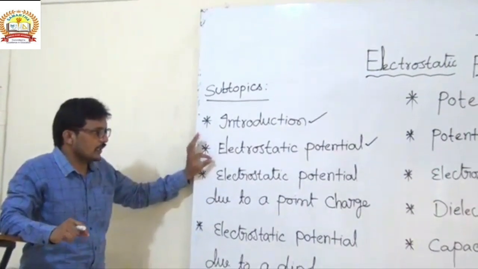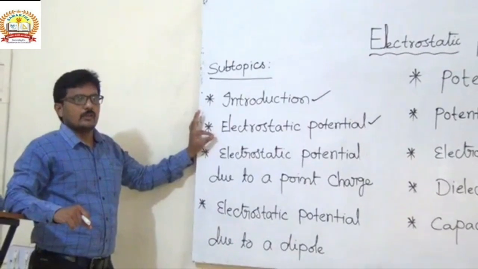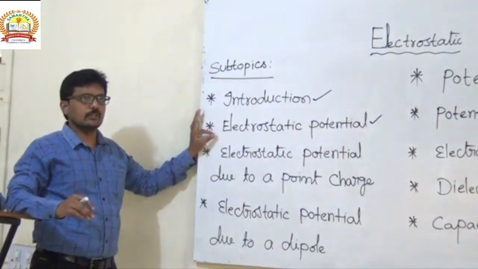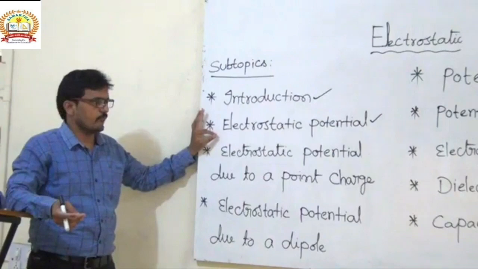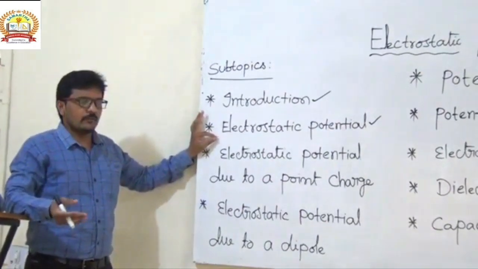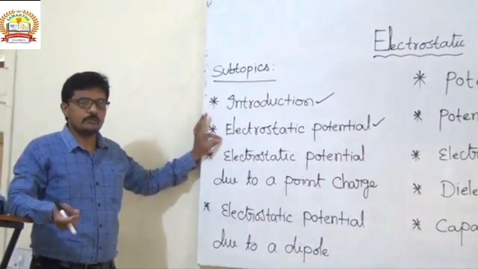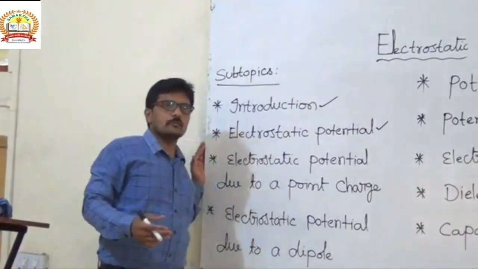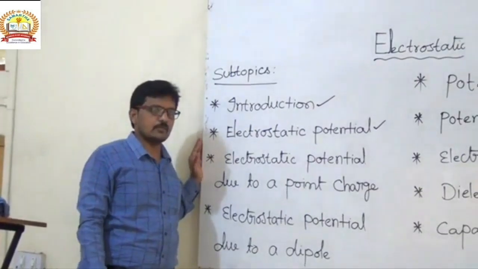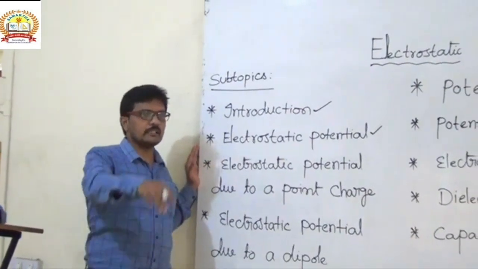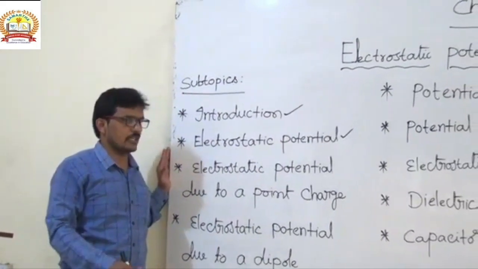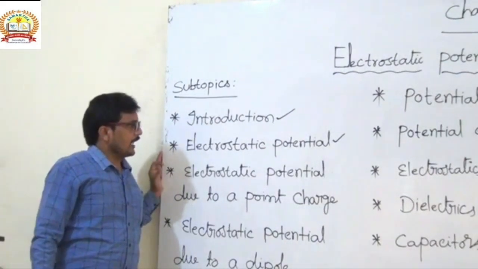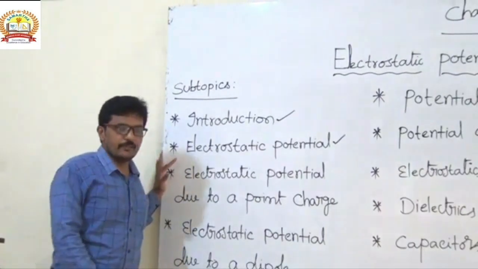In that configuration, when we bring the test charge from infinity to the given point against the electric field, we can say that the work done is proportional to the test charge, so we can divide the work done by the amount of charge, and the resultant quantity is independent of the test charge, so that here the electrostatic potential can be defined.